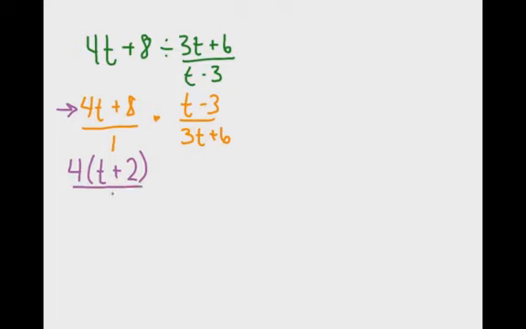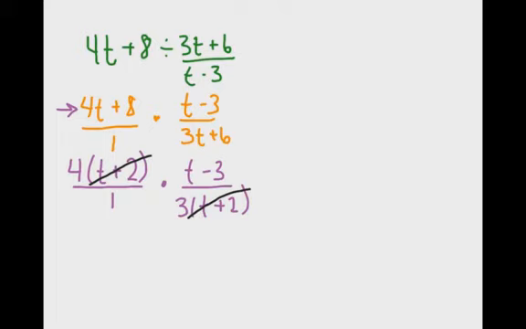That's still going to be over 1. t minus 3 cannot be simplified at all, so we leave it as that. 3t plus 6, we can pull a 3 out of both. So we have 3 and then t plus 2 on the inside. Then we see a t plus 2 in both, which we can cancel out.